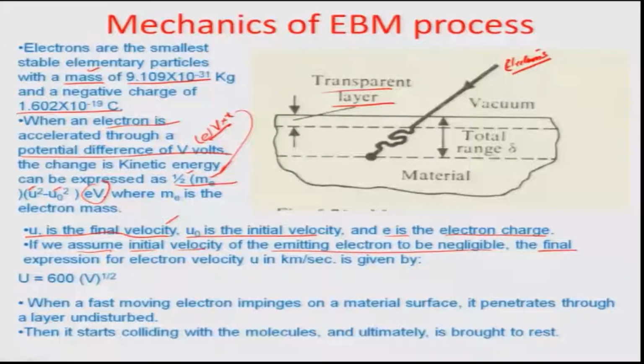So, the final expression that comes with plugging in all these values related to the electron mass, the electron charge, and the different velocities, with the velocity u in kilometers per second, is given by a relationship between the voltage that accelerates the electron and the velocity in kilometers per second: u equal to 600 V to the power of half.